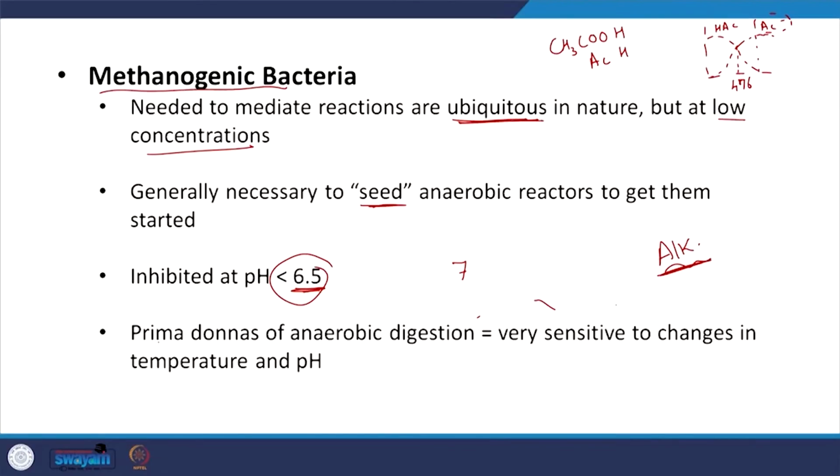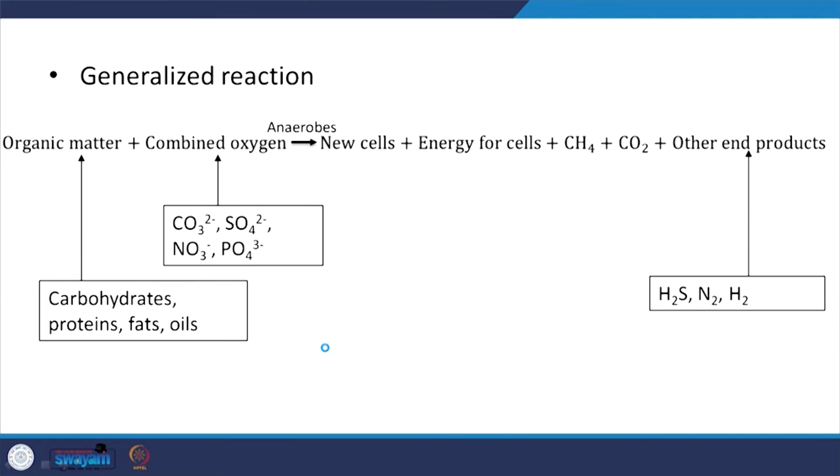So, let us see what else we have. As I mentioned, the prima donnas are very sensitive to temperature and pH too, right. So, let us just look at the generalized reaction. You have the organic matter, carbohydrates, proteins and such, as substrate and source of carbon. And what is the typical electron acceptor? It can be sulfates, nitrates, carbonates or such. And what are the anaerobes going to use it for? For formation of new cells and energy for these cells. They have to thrive.